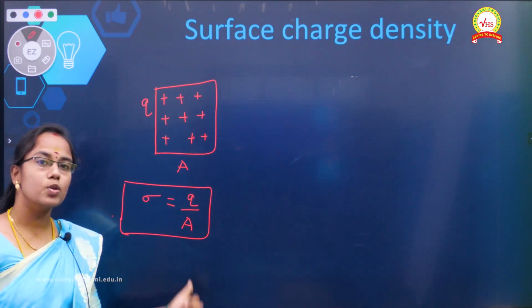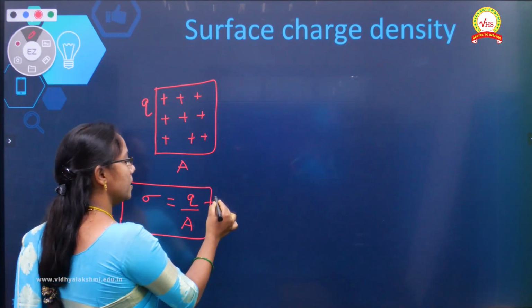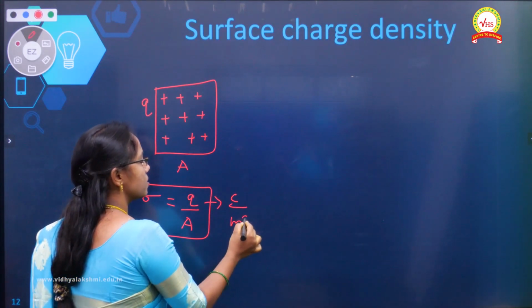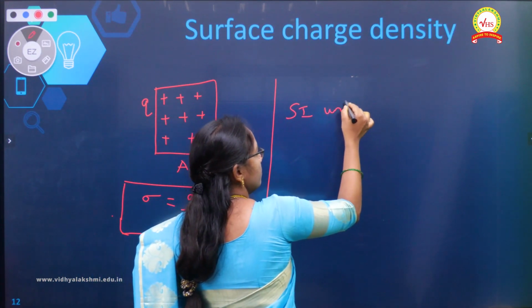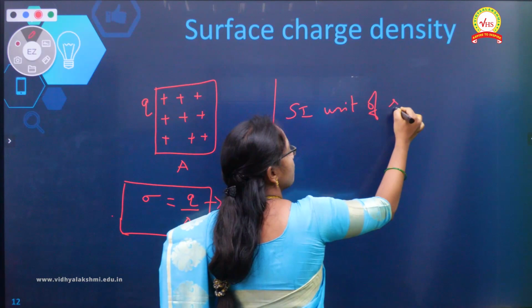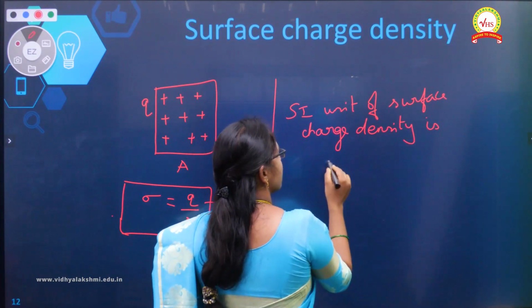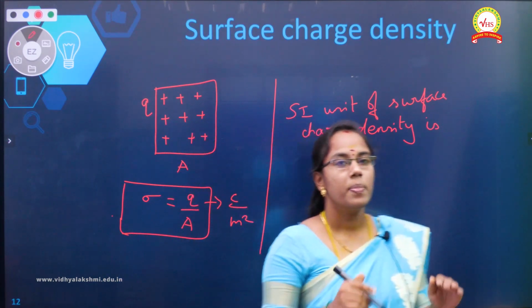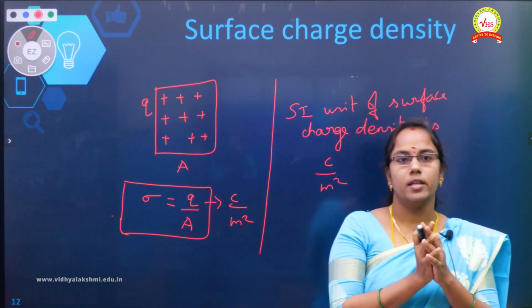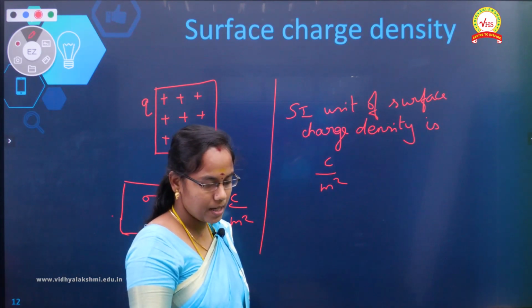Then what is the SI unit of surface charge density? The SI unit of surface charge density will be coulomb per meter square. If you have a sphere-like thing, and on its surface you have charges, then what will be its surface charge density?